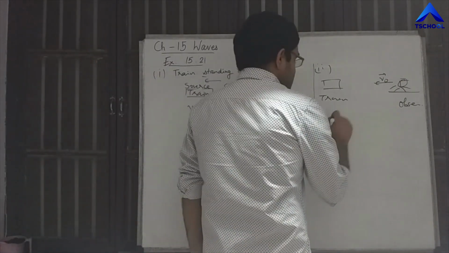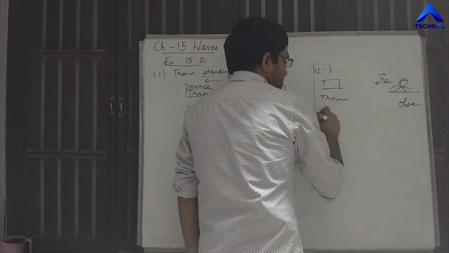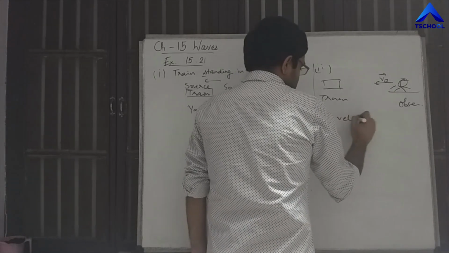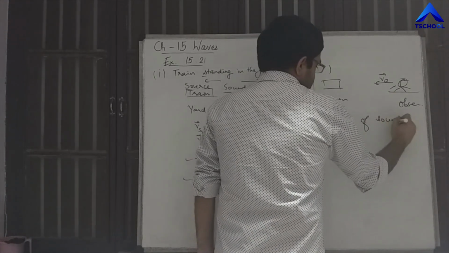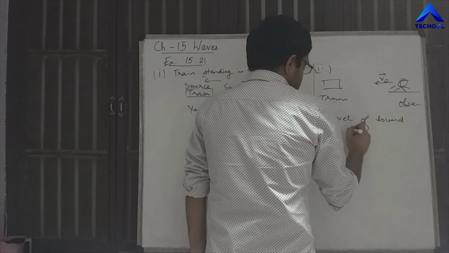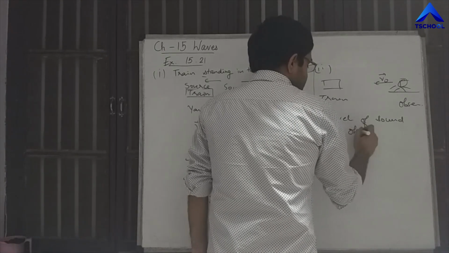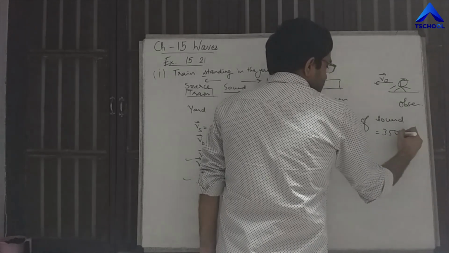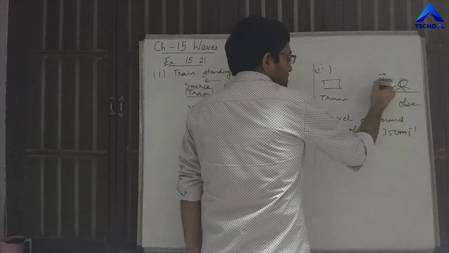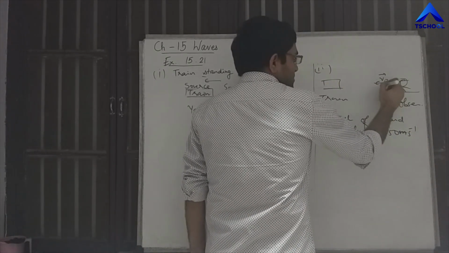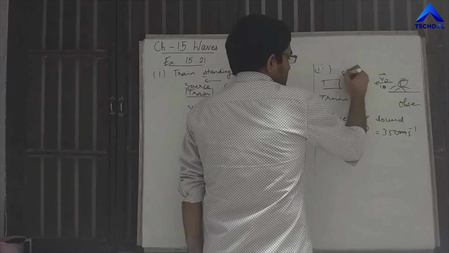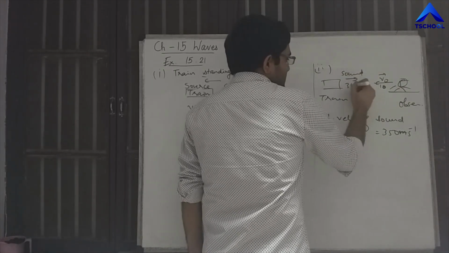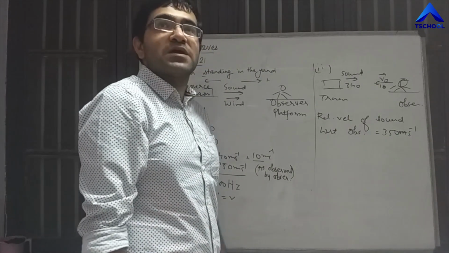Mind well, even in that case, what would happen is that the relative velocity of sound with respect to the observer would once again be 350 meter per second. The reason being, this one is going at 10 meter per second to the left side, and sound would be traveling towards the right side at speed 340 meter per second.